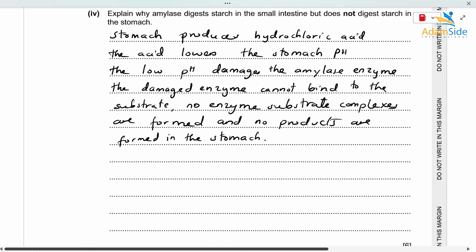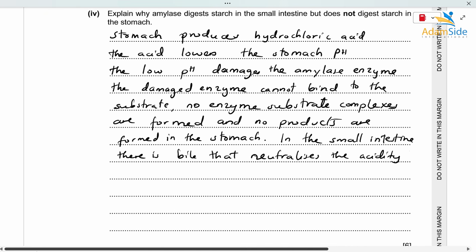All right, then in the small intestine where amylase is working, there is bile that neutralizes the acidity from the stomach. After neutralizing the acidity, what does it do?